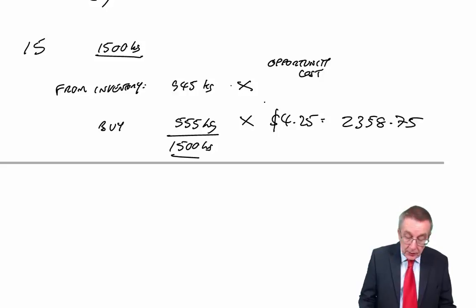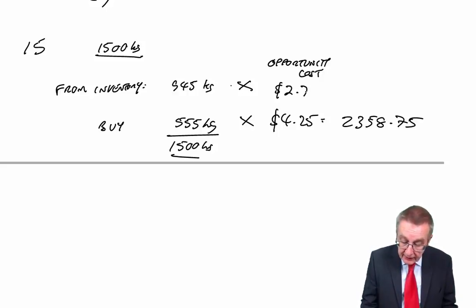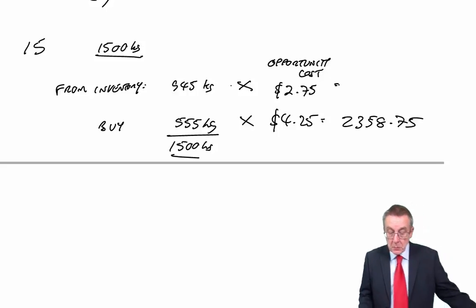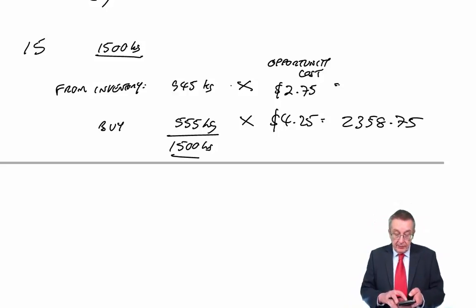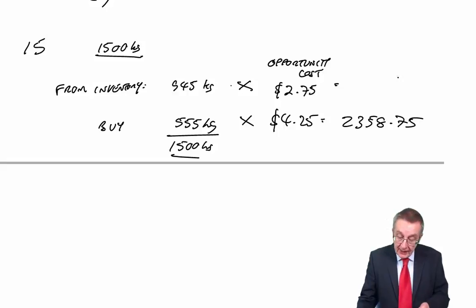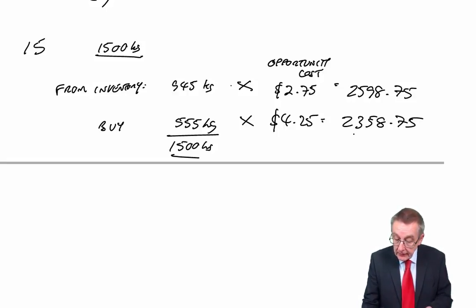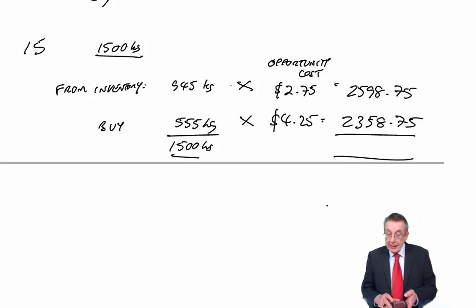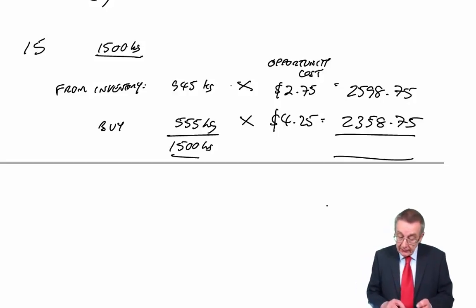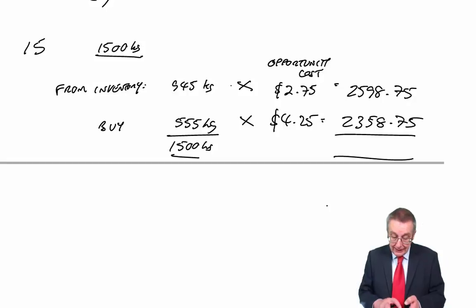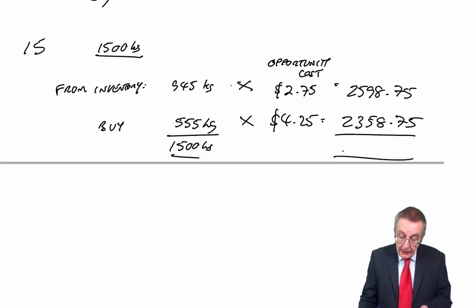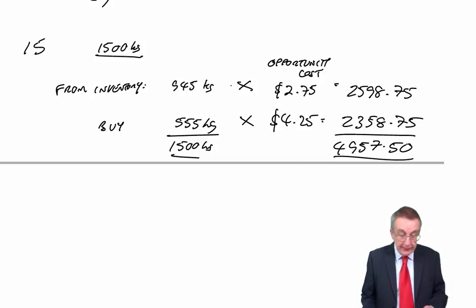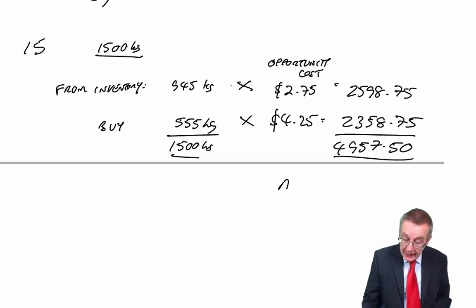By using the order, we'd be losing £2.75 a kilo. 945 at 2.75 is 2598.75, and therefore the total relevant cost is 4957.5. The answer is A.